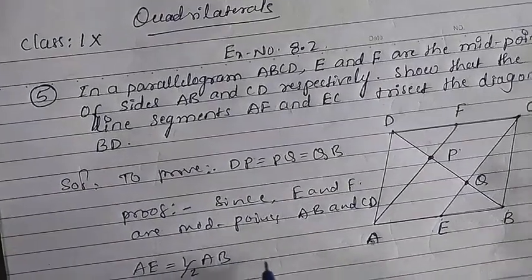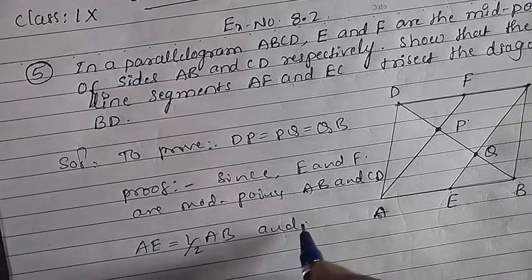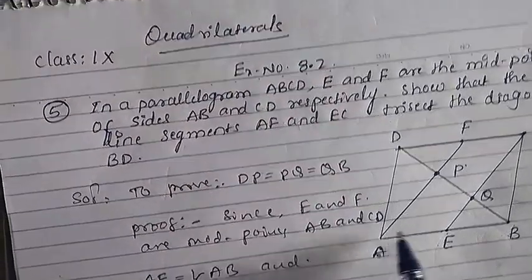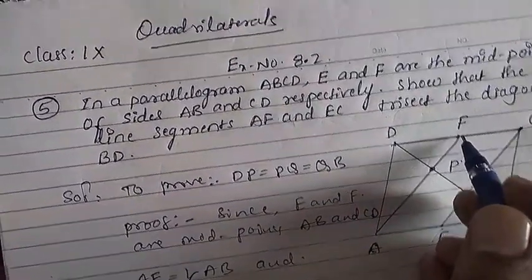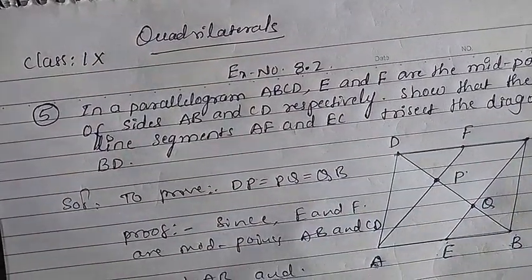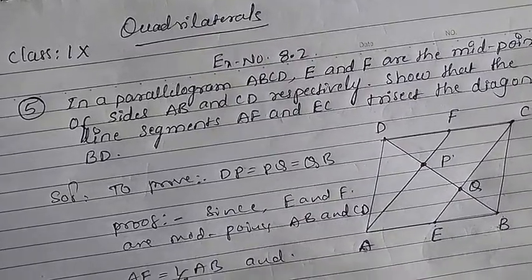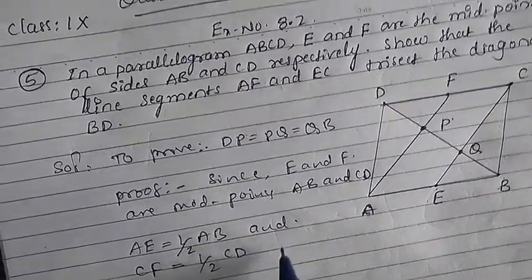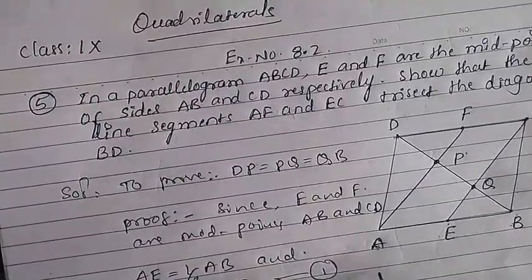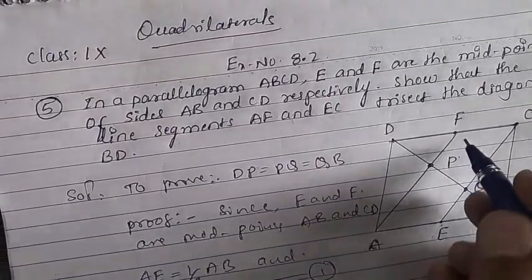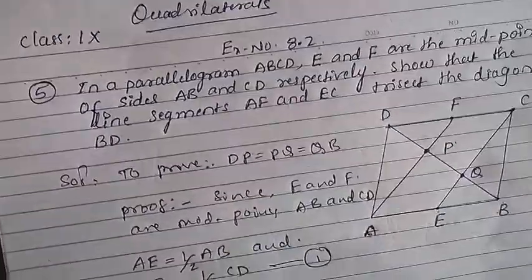Correct. You can write that. And one more, similarly, CF is equal to half of CD. Correct. This is equation 1, because you have to write that E is the midpoint of AB and F is the midpoint of DC.